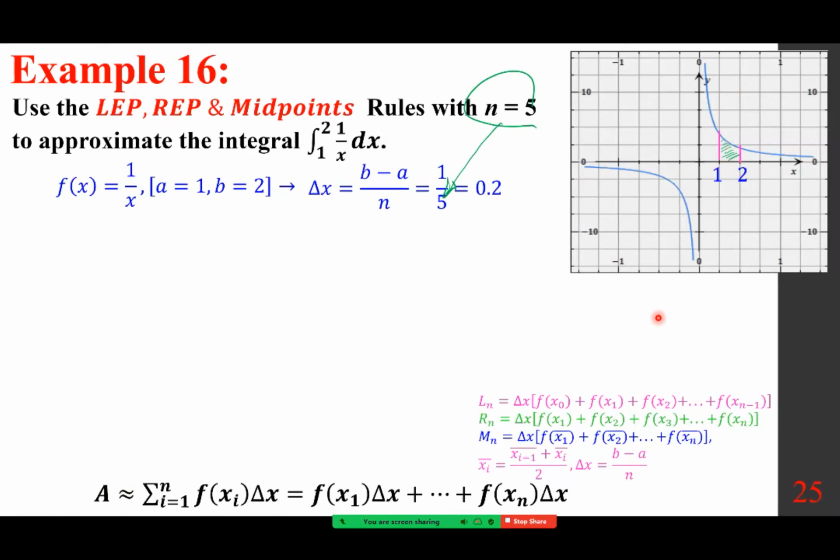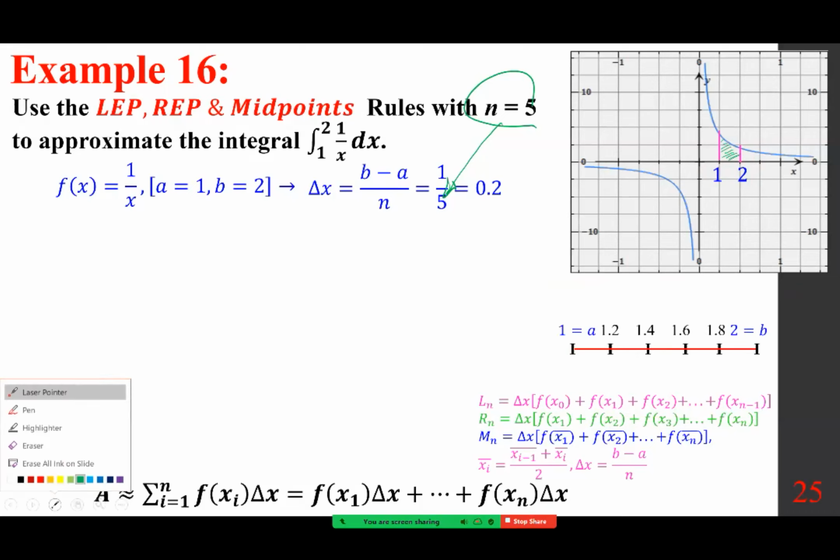Because this is small, I'm going to make this larger. From 1 to 2, this distance is A to B. I just made it larger so it becomes easy to see. It's going to go from A equals 1 to B equals 2.